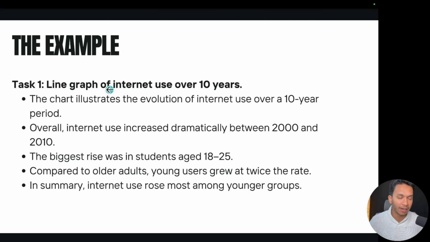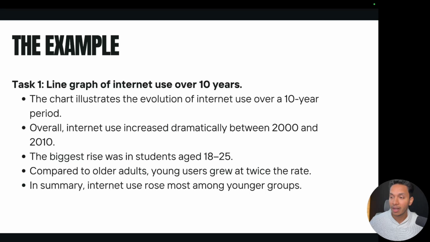So imagine there's a line graph for Task 1, internet use over 10 years. You want to paraphrase the prompt, basically saying the chart illustrates the evolution of internet use over a 10-year period. The second line, the overview, describes the general trend: internet use increased dramatically between 2000 and 2010.